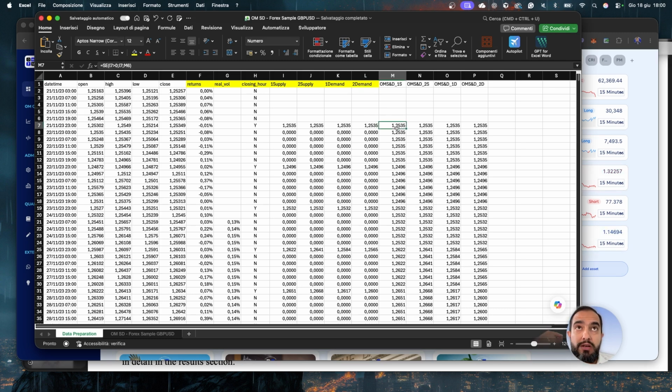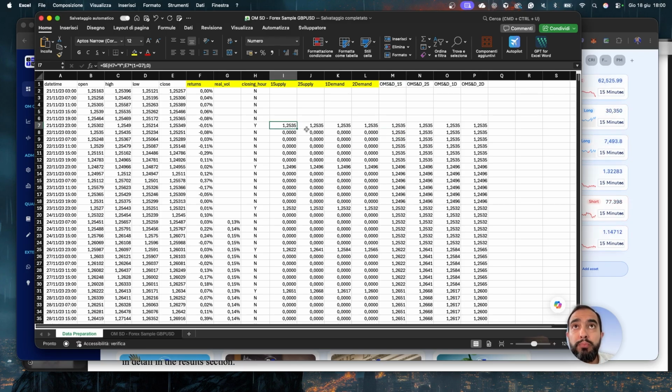How do we do it? In Excel, we need to understand: have I had information in the supply or in the demand columns? Yes, if I had, then I repeat that number forward.